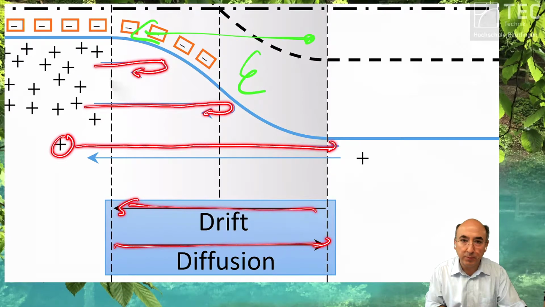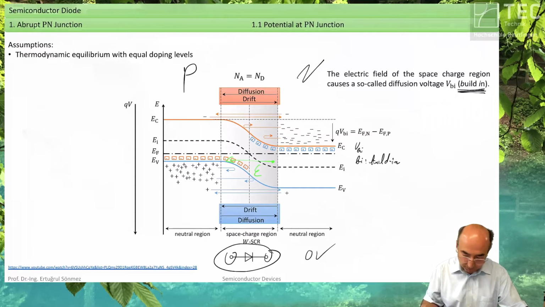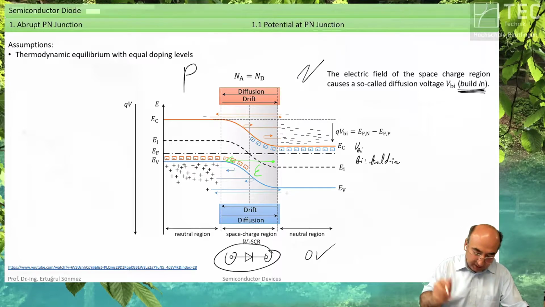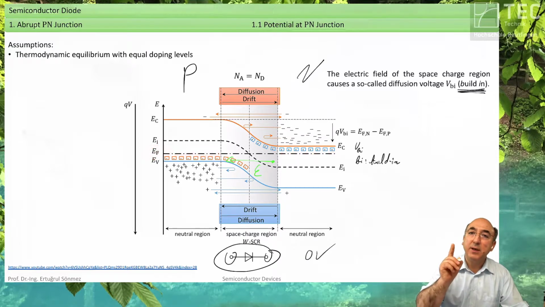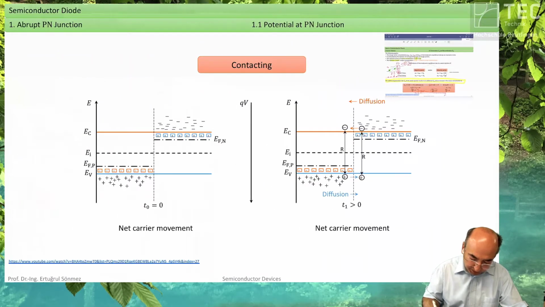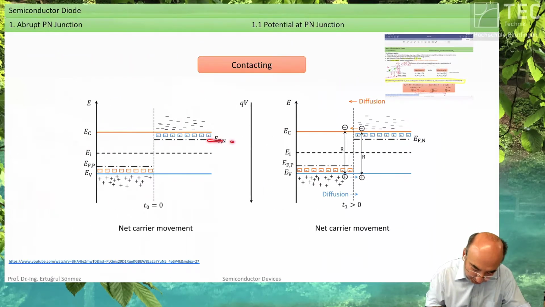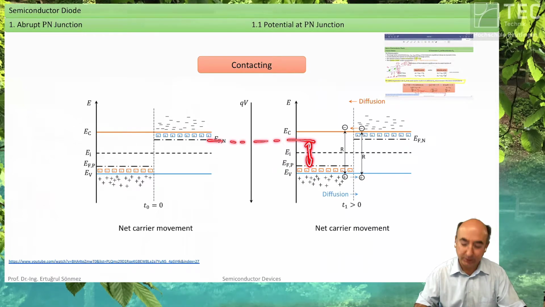This is the thermodynamic equilibrium. In this state, the Fermi level is constant. So the Fermi level at the left side and the Fermi level at the right side are at the same energy level. This is a statement. The result is the distance of the original Fermi energy levels.